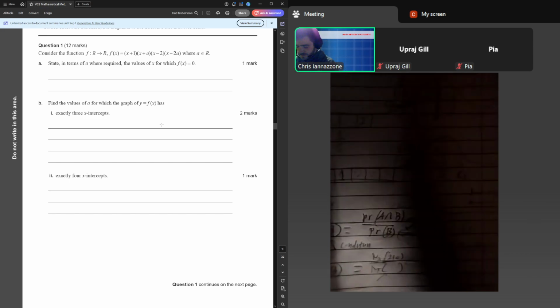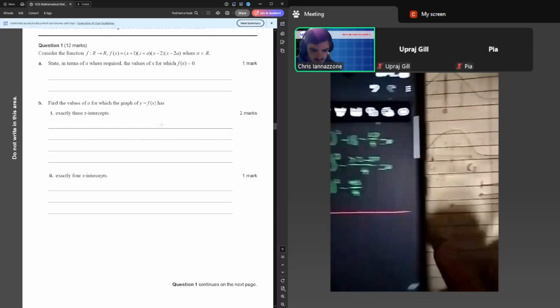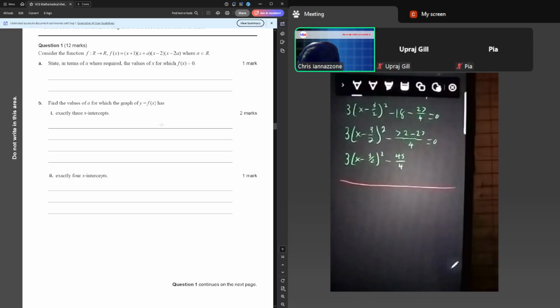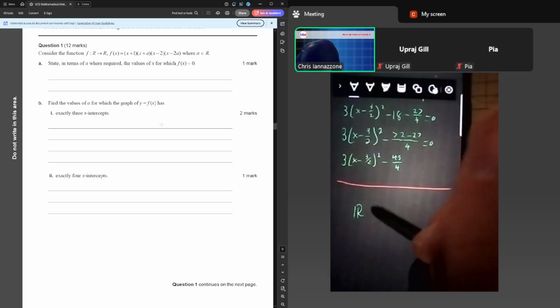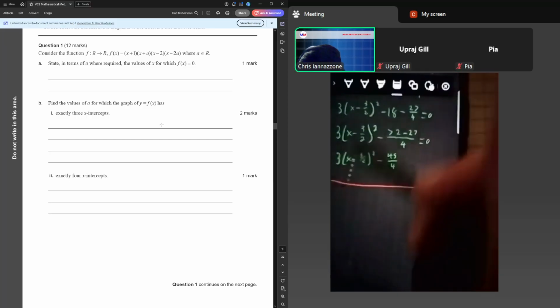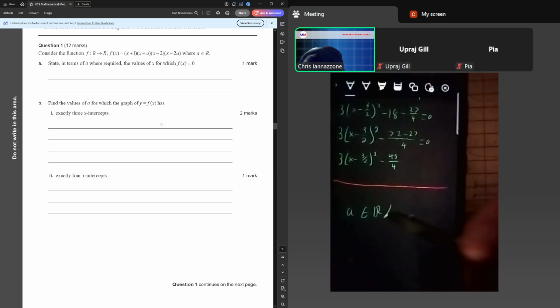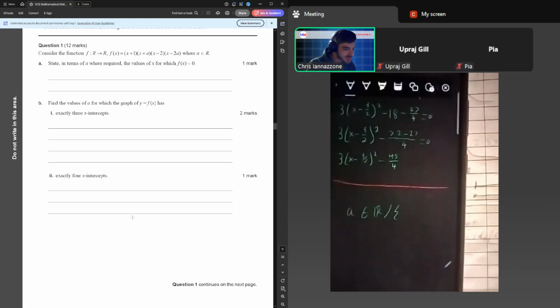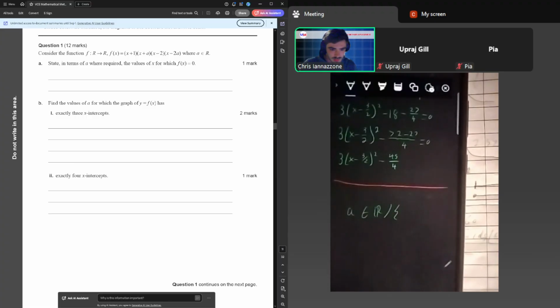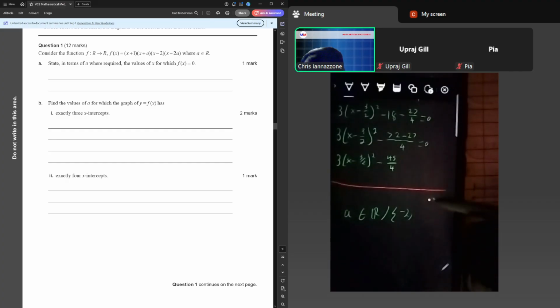And just to also highlight how you would now actually present that answer, you would do something to the effect of saying all real. Well, actually, how would you say it? Find the values of a. So you would say, even better, a is an element of all real, excluding, and then all those numbers there, which, let me pull that up again, was -2, comma, -half, comma, 0, comma, 1.